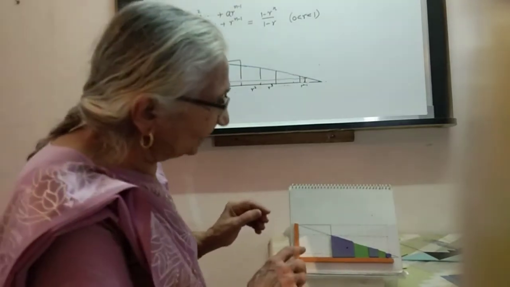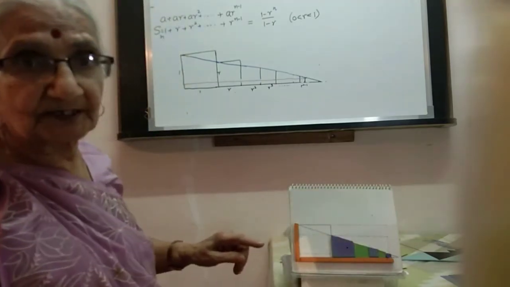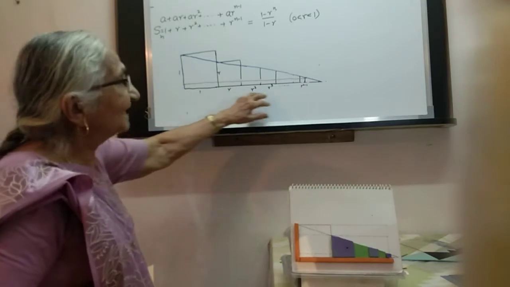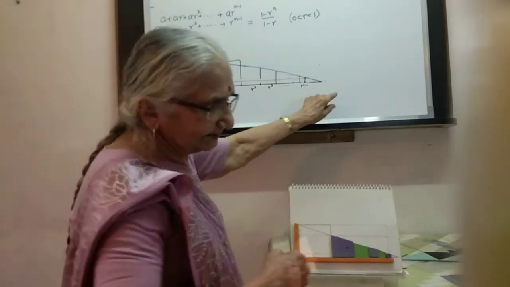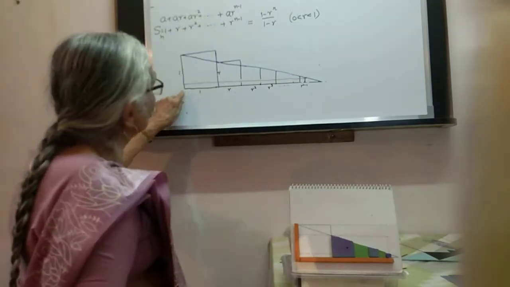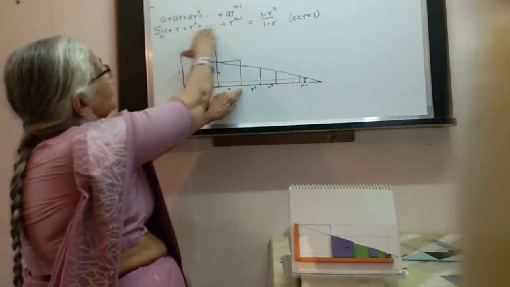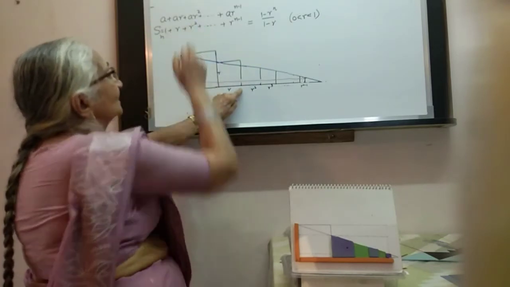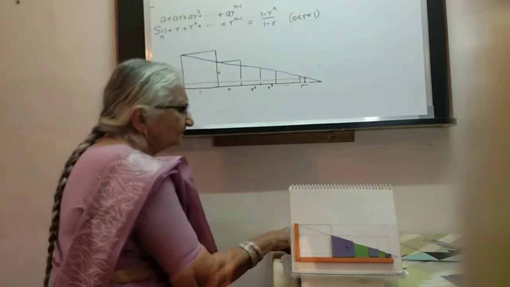Now in this model, I've drawn the figure here because I would not like to write anything on the model, and it will be better if we can write here and see. So what we have done is, along this line, we have taken 1, r. Now we know what r is, we know what r square is, we mark all that. In between there will be many more.